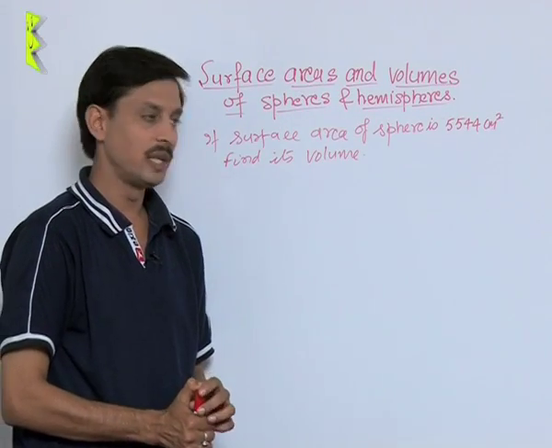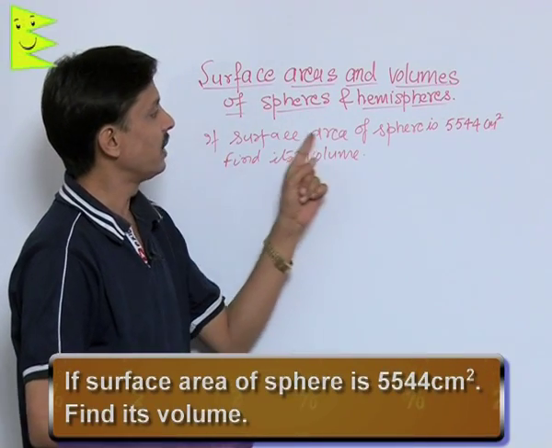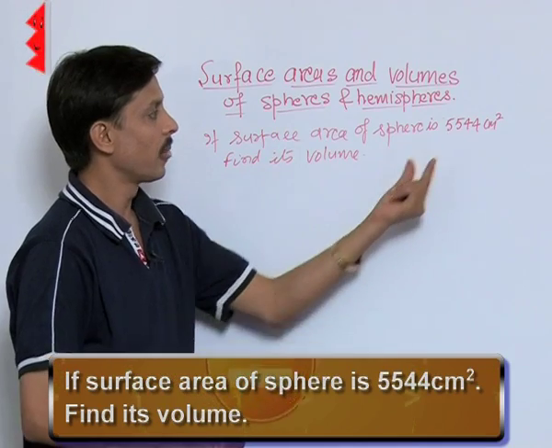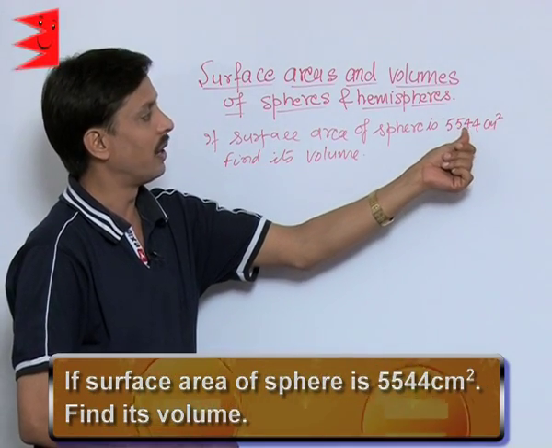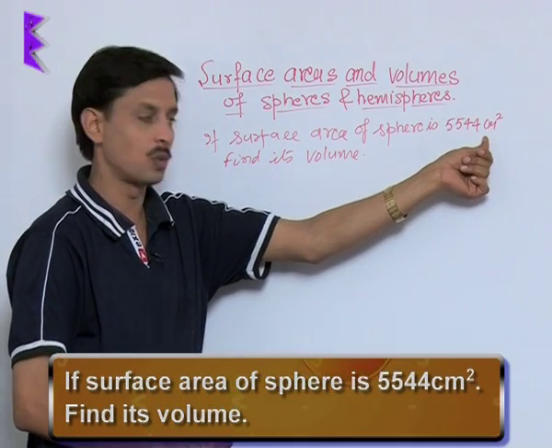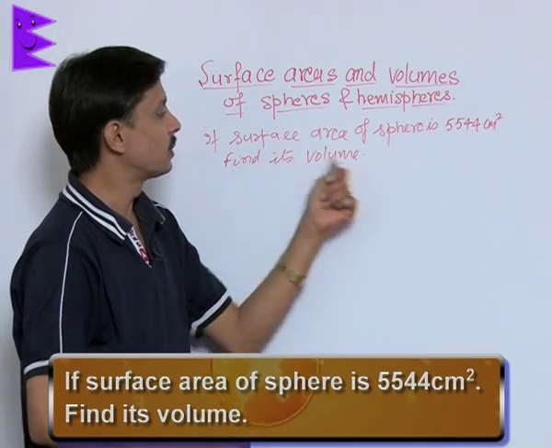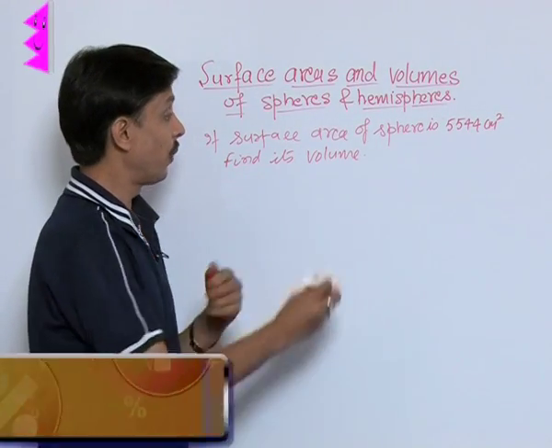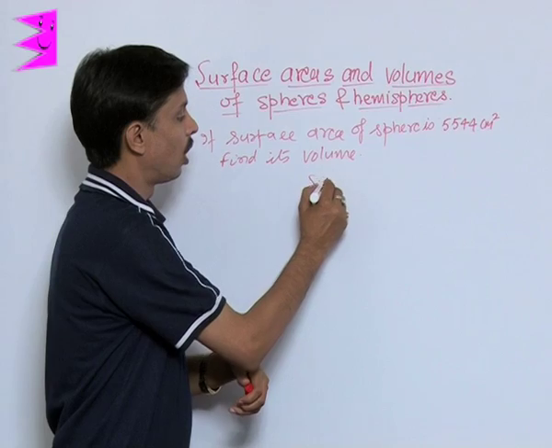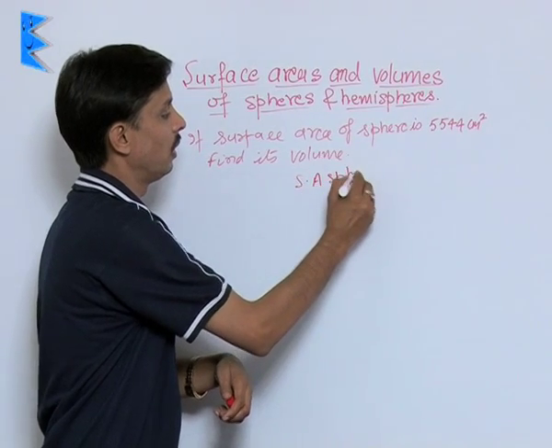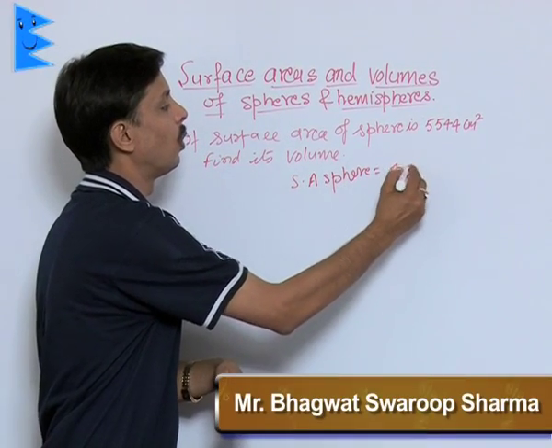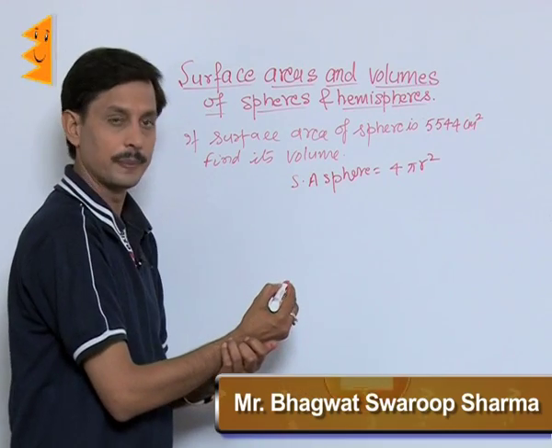Now another question: if the surface area of a sphere is 5544 centimeter square, find its volume. Surface area of a sphere is given by 4 pi r square.